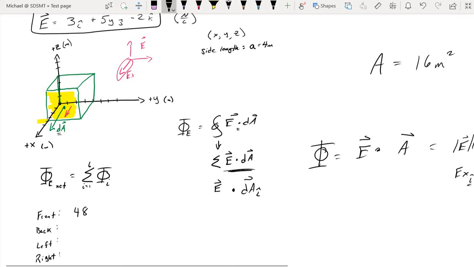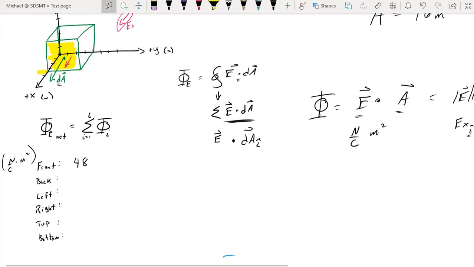Well, now we need some units. We can get those units right from the units of our flux expression. We have newtons per coulomb for field, and we have meters squared for the area. So there we have it. All of these flux terms will have units of newtons per coulomb meters squared. We just need to get the values so that we can add them all up.